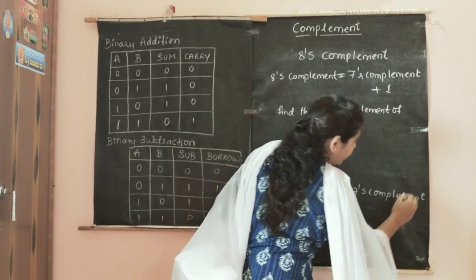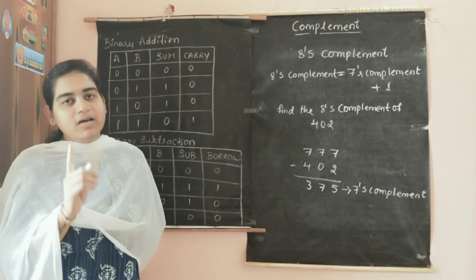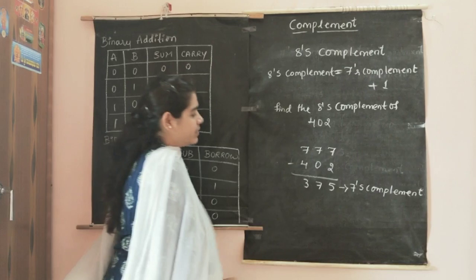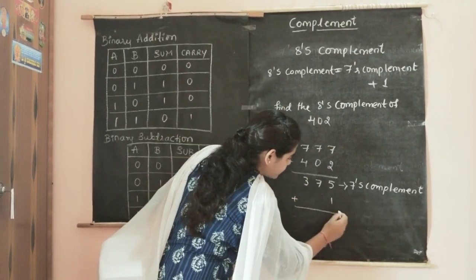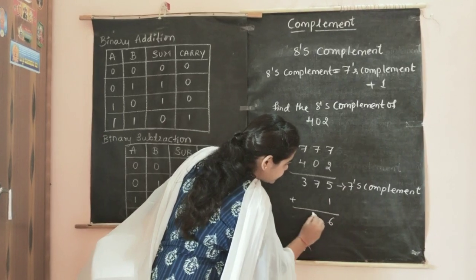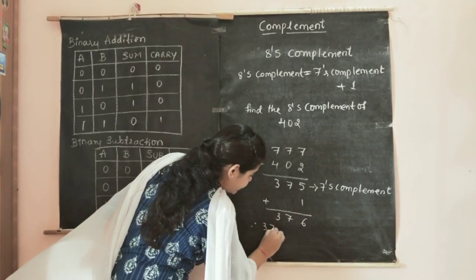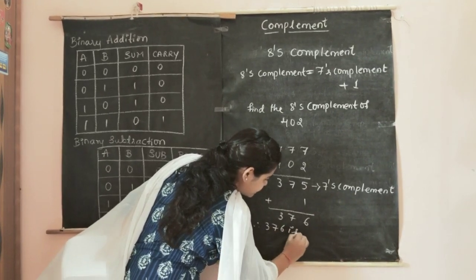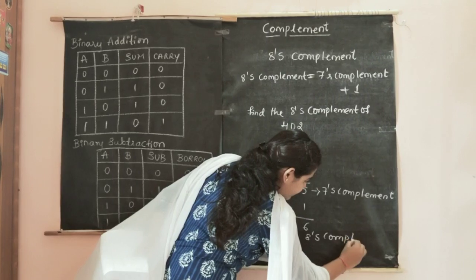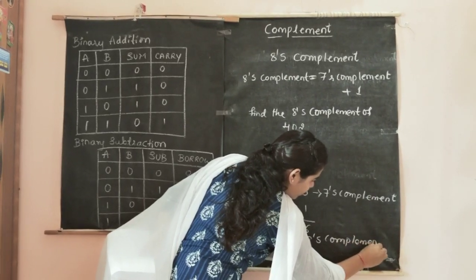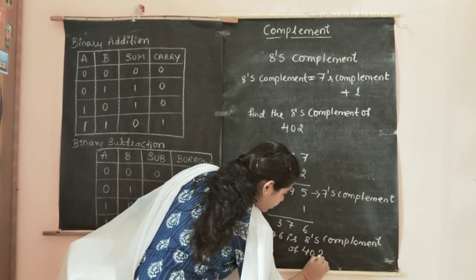In order to find the 8's complement, we have to add 1 to the 7's complement, that is 375. So we are adding now. 5 plus 1 is 6, 7 as it is, 3 as it is. Therefore 376 is the 8's complement of the given number, that is 402.